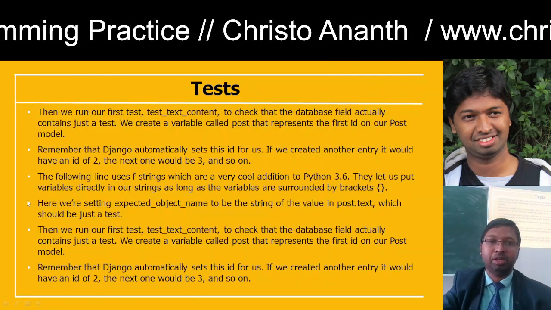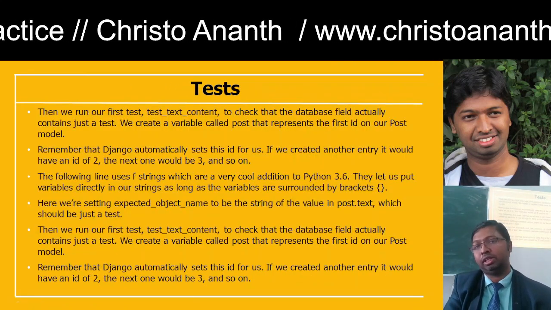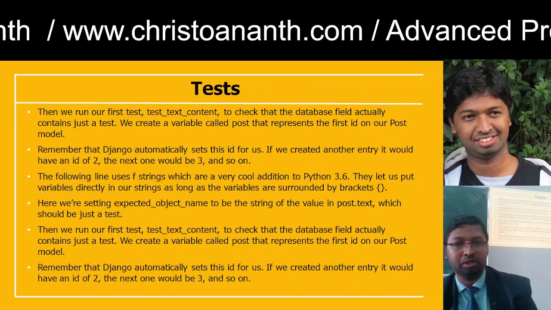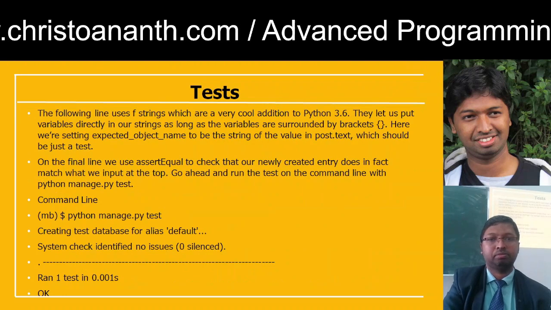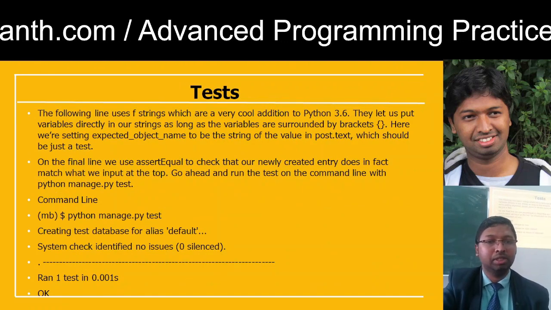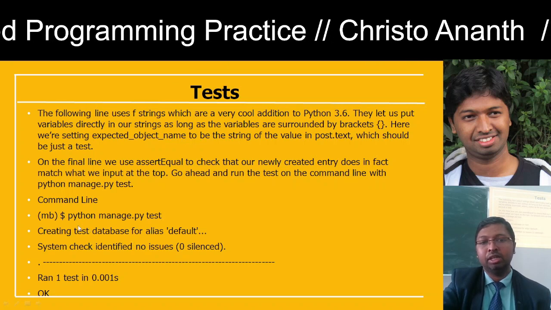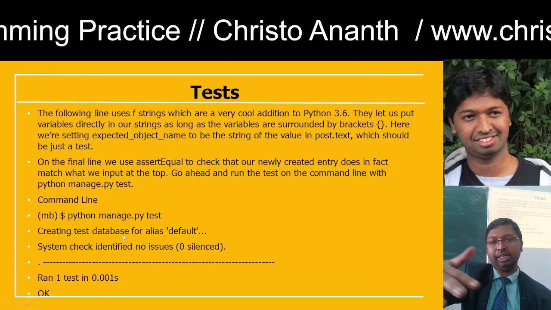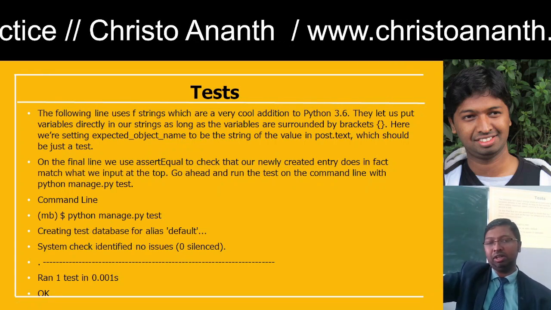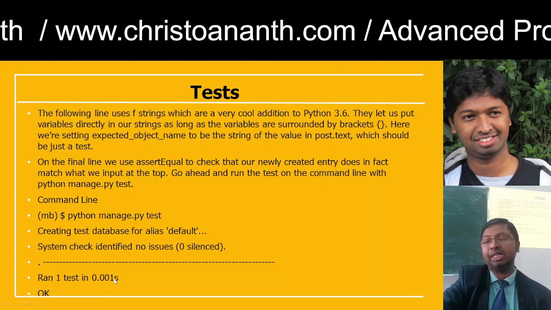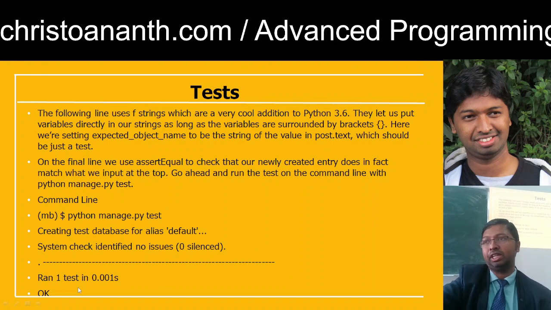Okay, so maybe you can run the first test, test_text_content, and check how the test is performing. Okay, so within the command line you will have $ python manage.py test. So you will have this: creating test database for alias default, system check is running, and it will show ran 1 test in 0.001 seconds.